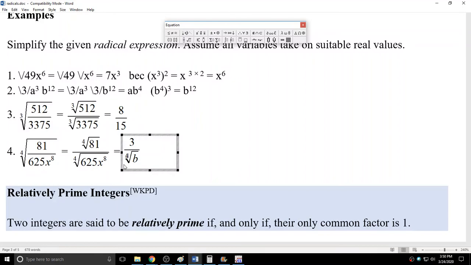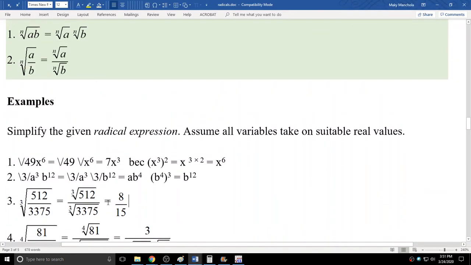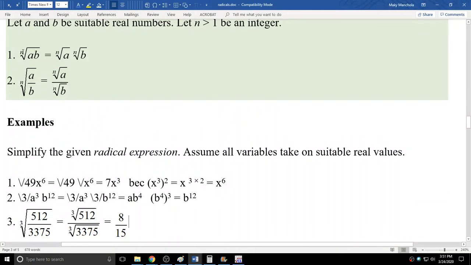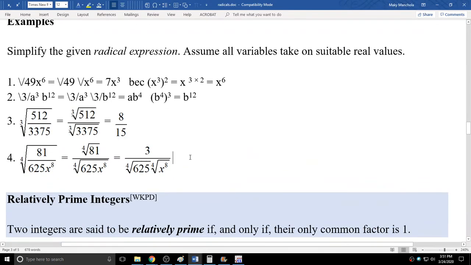I would say the fourth root of 625, and then multiply that by the fourth root of x to the 8th. So I get the fourth root of 625 and the fourth root of x to the 8th. Now figure out what each of those individual roots are.